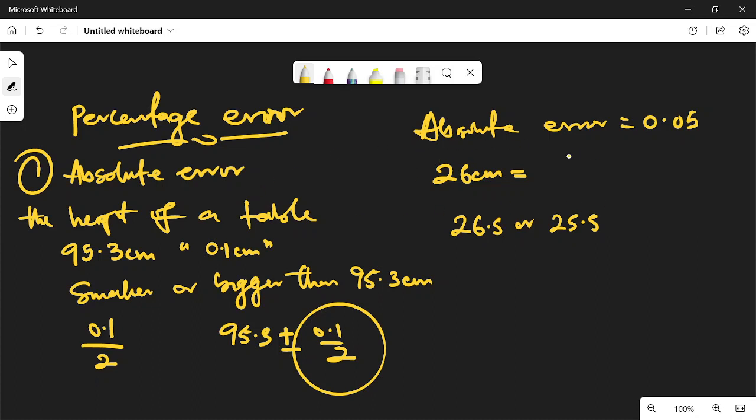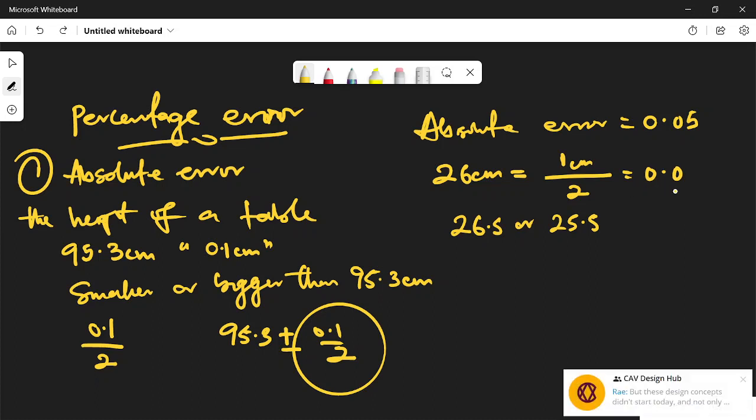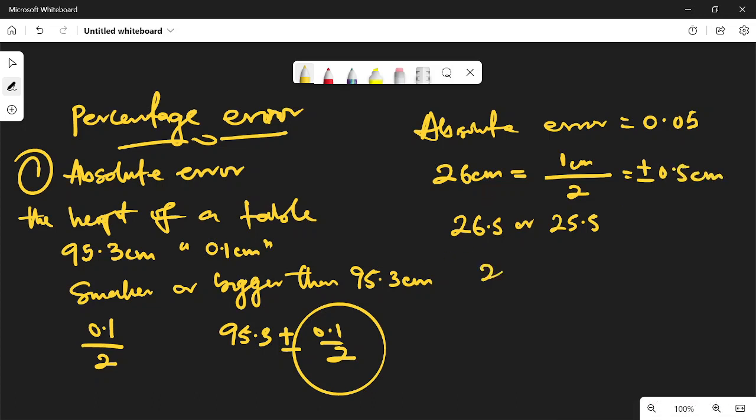Since it is the nearest whole number, you are rounding to 1 centimeter. So for you to know the absolute error, you say 1 centimeter divided by 2, and that will give you 0.5 centimeter. So your result is going to be either plus or minus 0.5 centimeter. If you measure your value to be 26.5 centimeter, then you are right, or you measure it to 25.5 centimeter, then you are right. Am I making sense?